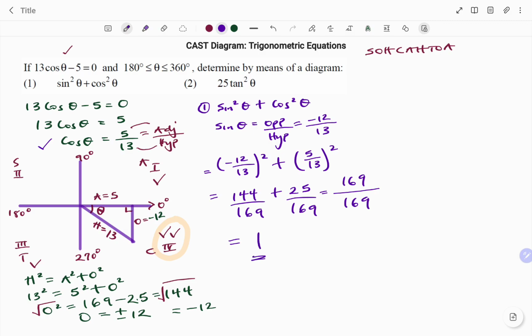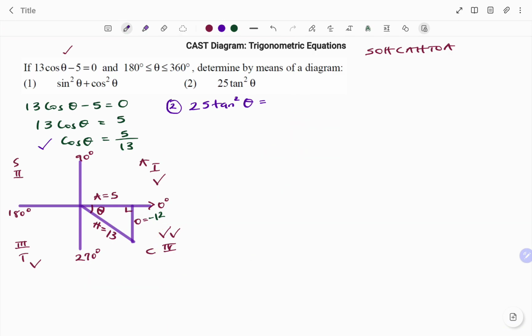Let's look at the second part that says, find 25 tan squared theta. We know that tan theta, using the trig ratio, is opposite over adjacent. Opposite in the question is negative 12, and adjacent is positive 5. So if I expand that, I have 25 times tan squared theta.